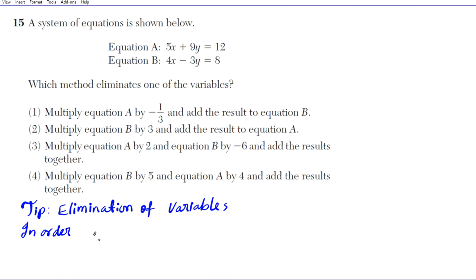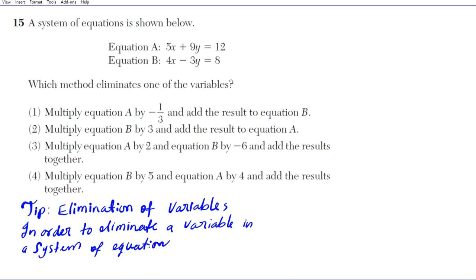In order to eliminate a variable in a system of equations, their coefficients must be opposites. Why is that? Because the linear combination of two opposite numbers is 0. They take each other out.